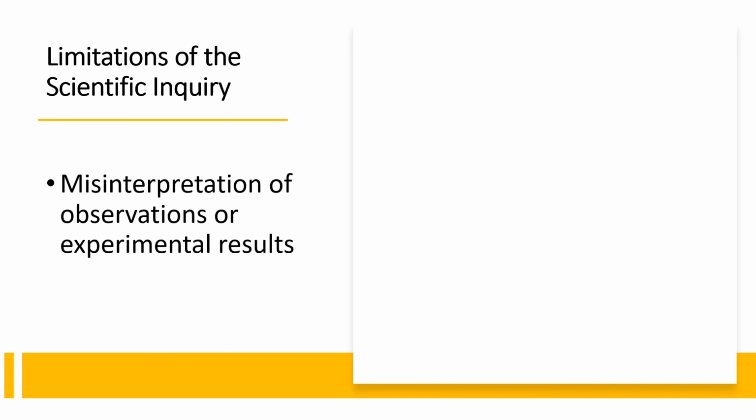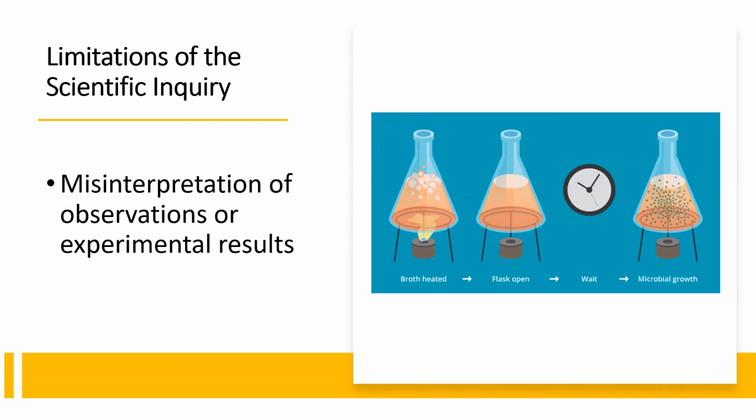Another limitation is that researchers may misinterpret observations or experimental results. For example, centuries ago, scientists sterilized a bottle of broth, corked the bottle shut, and observed bacteria in the broth a few days later.